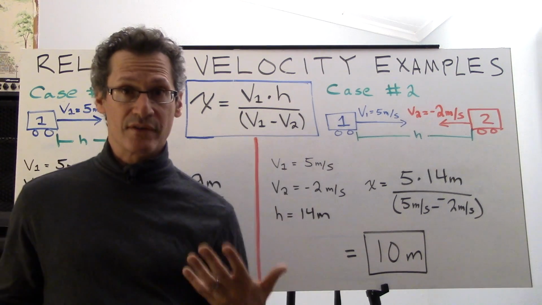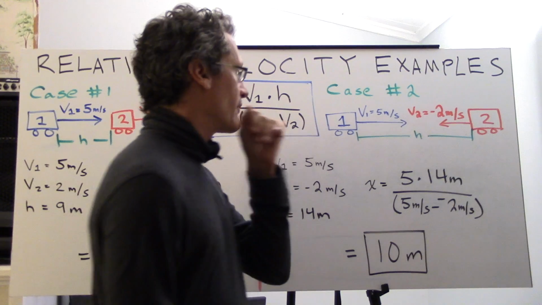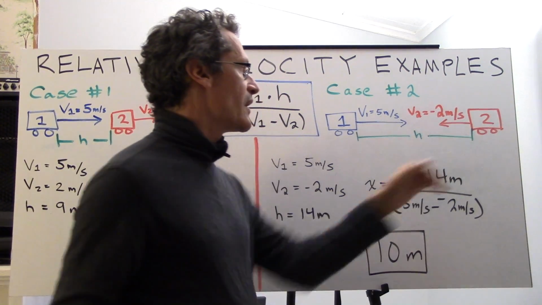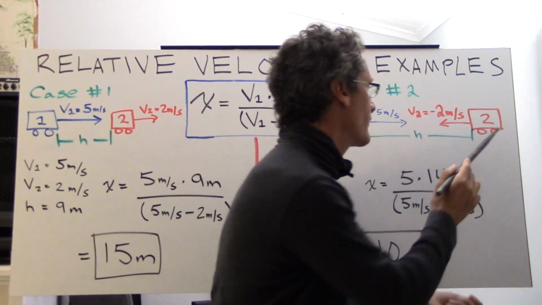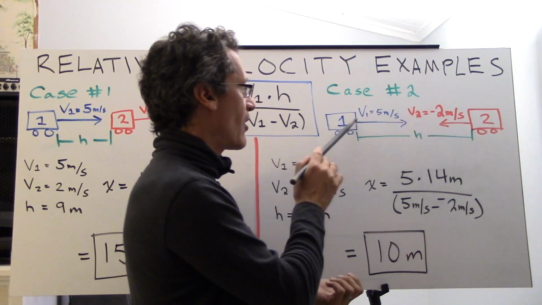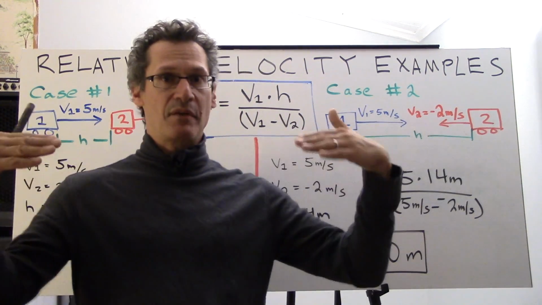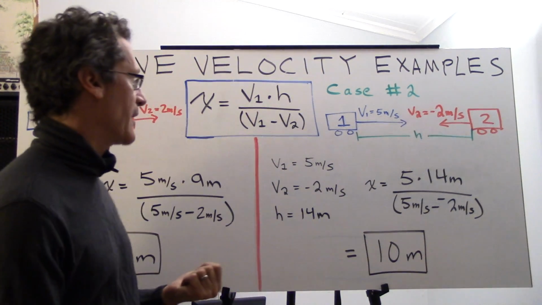Let's look at it from the relative velocity perspective once again. All right, well, if we were to, for example, set car 2 equal to 0, okay, we can change our frame of reference. We take the frame of reference of car 2. It looks like car 1 is approaching it at 7 meters per second, because when 2 vehicles come at each other, those velocities would add because one of them is negative, okay?